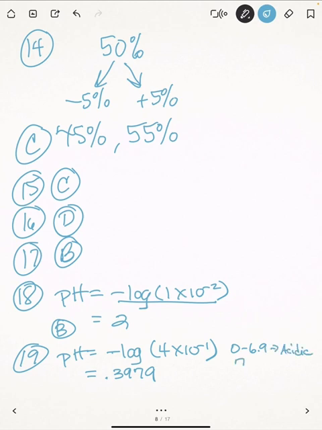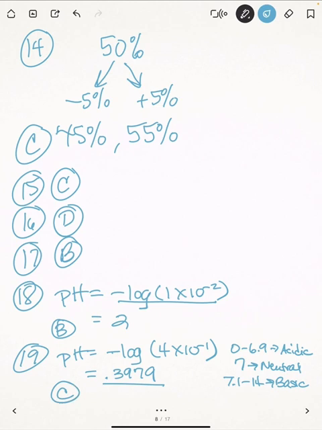If it's exactly 7, it's neutral. And then if it's 7.1 to 14, it's basic. So if you notice our answer, it was 0.3979. That means it's acidic, so it should be C as in Captain America.